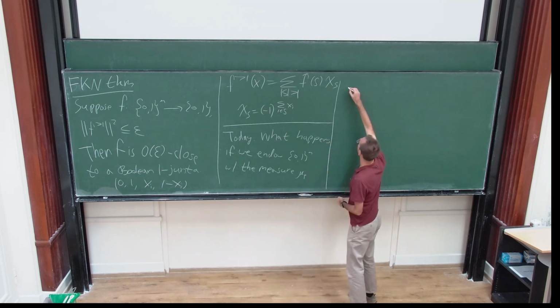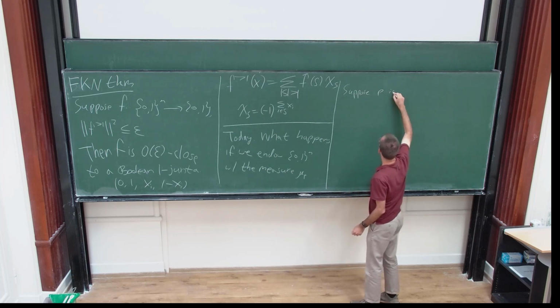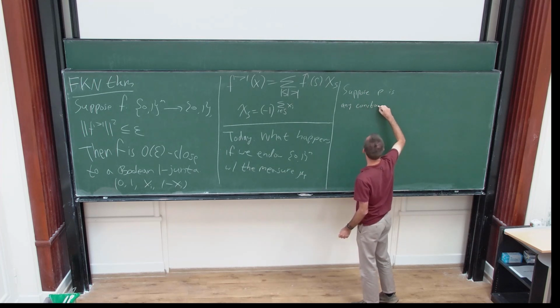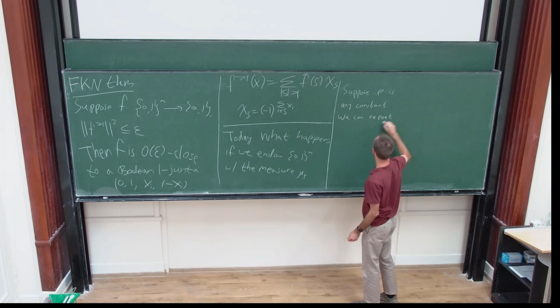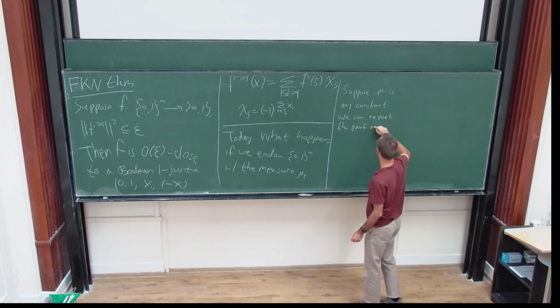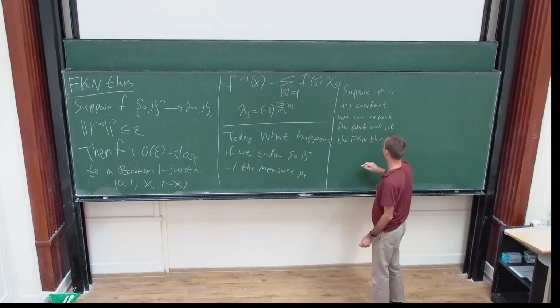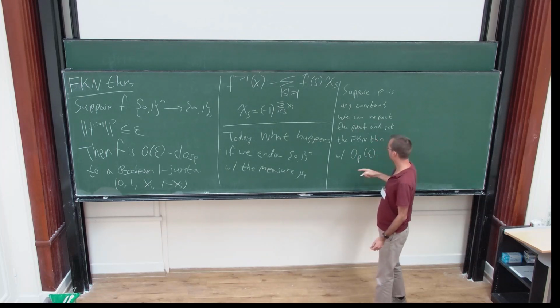So suppose p is any constant. We can repeat the proof and get the FKN theorem with an error bound of O_p of epsilon. Or we can compute this dependence on p.